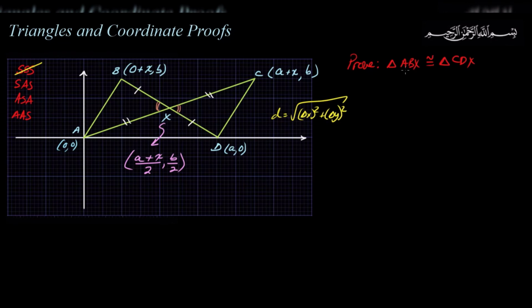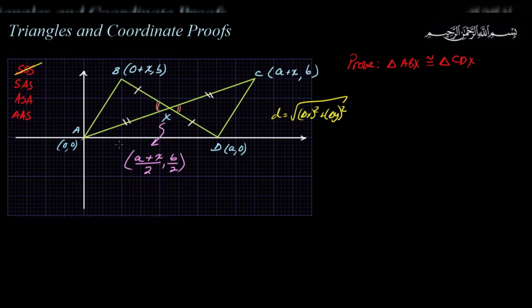Okay, you have to be careful. ABX to CDX. So the corresponding sides are these, as I have labeled. So if we wanted to use side, angle, side, we would have to prove those two segments to be congruent.